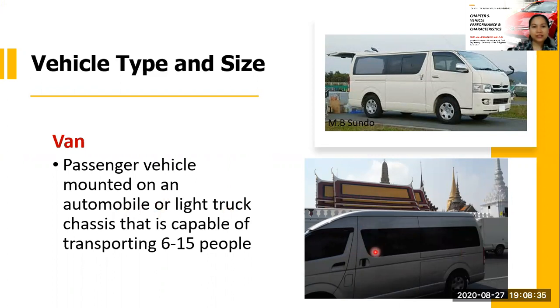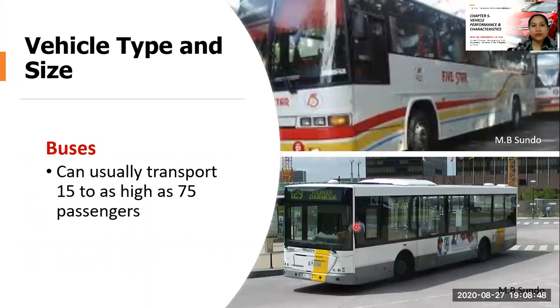And these are passenger vehicles mounted on an automobile or light truck that is capable of carrying 6 to 15 people. We also have buses, which have a capacity from 15 to 75 passengers.